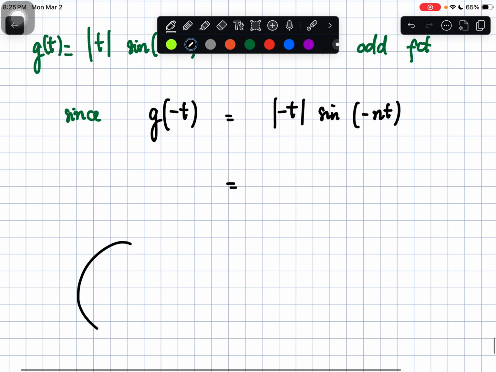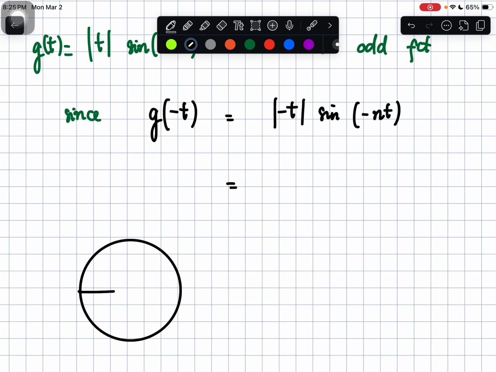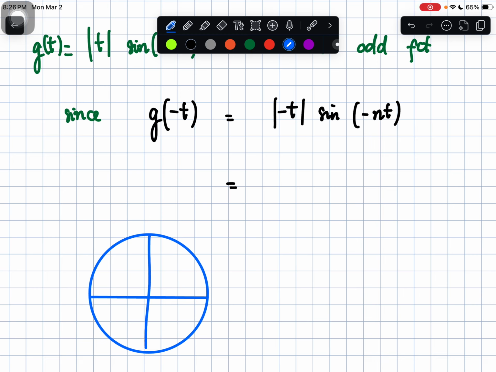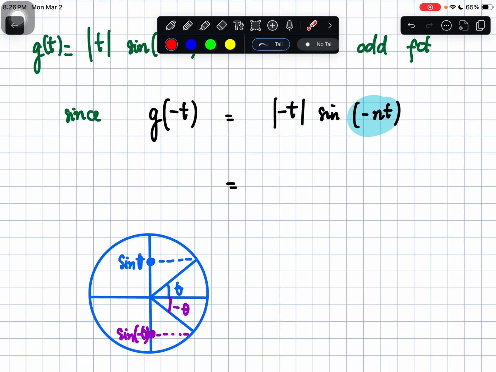Take an angle, say theta, and this point is sine of theta. You have minus theta, this angle, and this point is sine of minus theta. So see that sine of theta is equal to minus sine of minus theta.